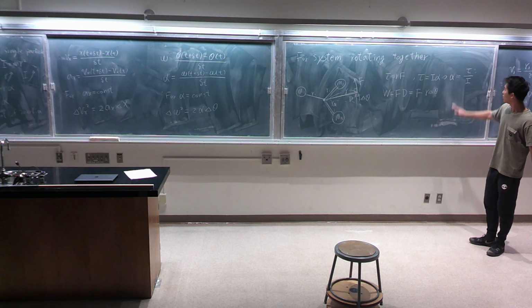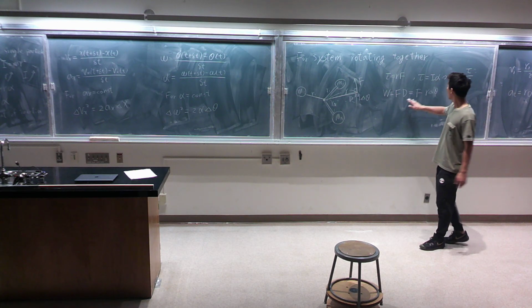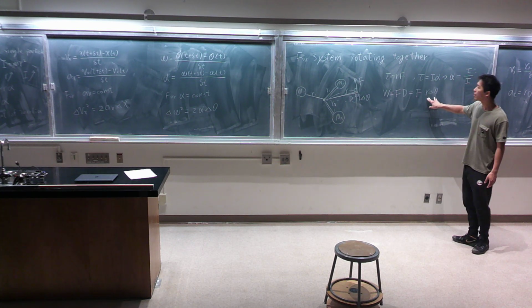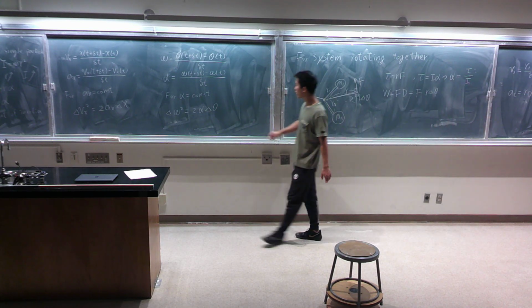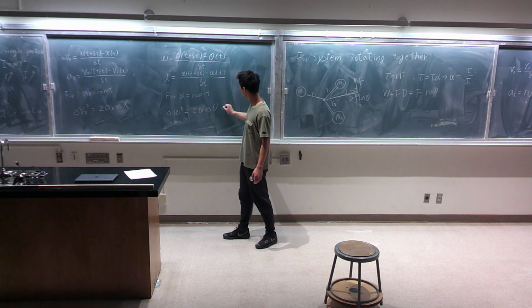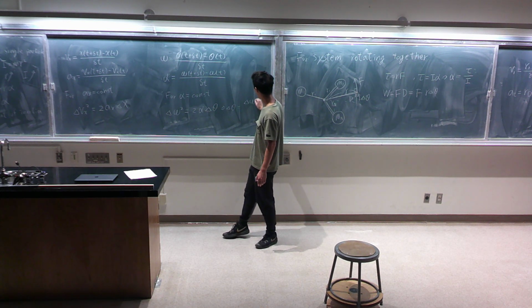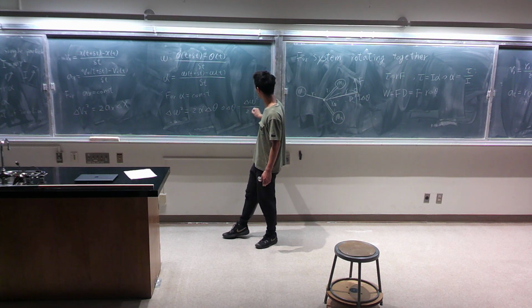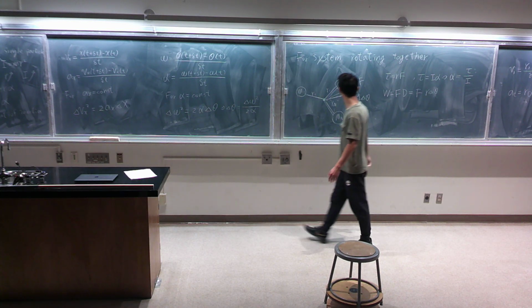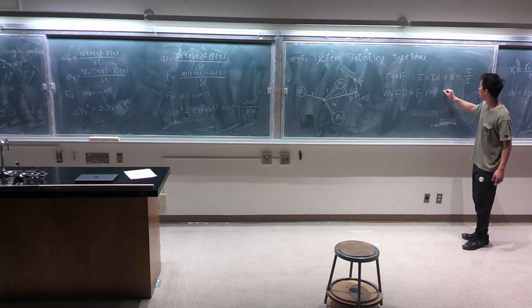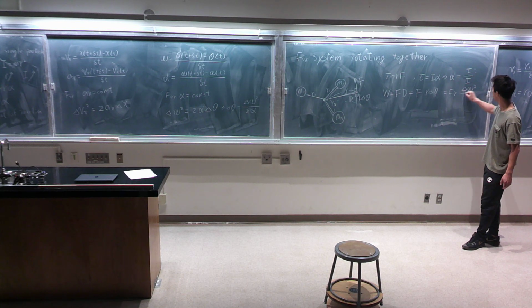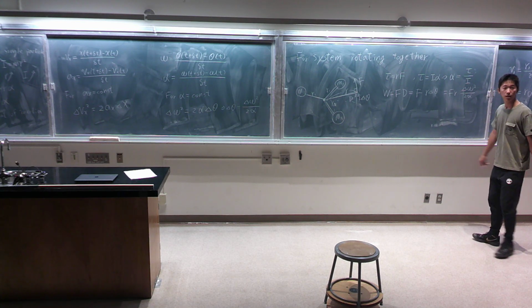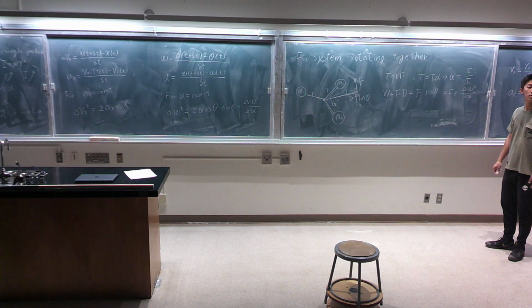So here, after we apply a change of delta theta, we can replace it by a change of omega squared divided by 2 alpha. So I'm going to do that. Okay.